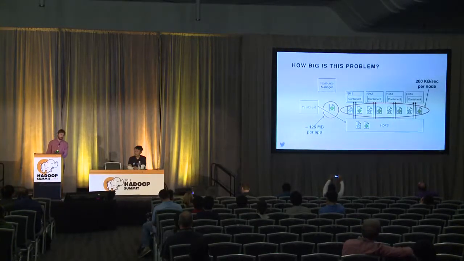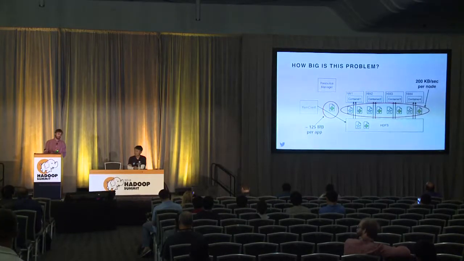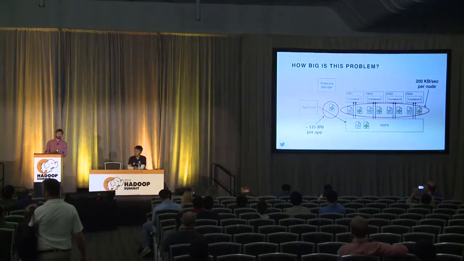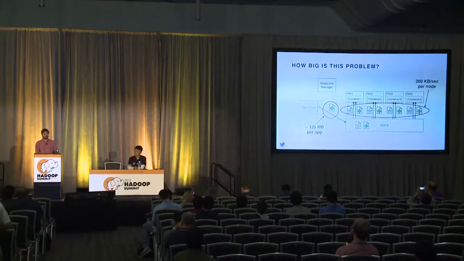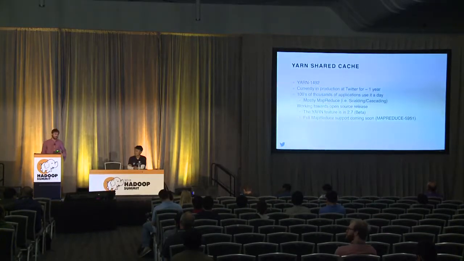And then from the distributed file system to the node manager, if we assume 1.7 containers launched per minute per node, you get a rate of 200 kilobytes per second per node of data that's transferred between HDFS and the node managers during localization. So we felt that these numbers were big enough that we wanted to address this problem, and the way we went about addressing it is the Yarn shared cache.